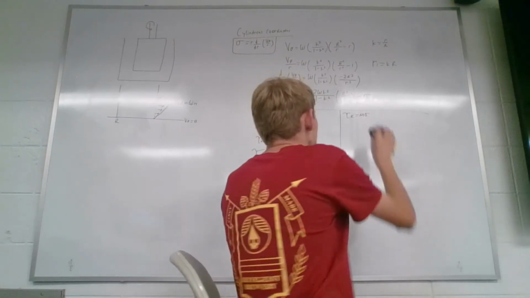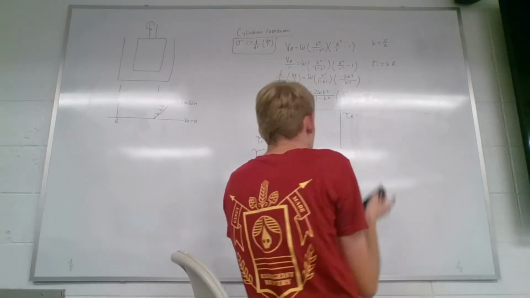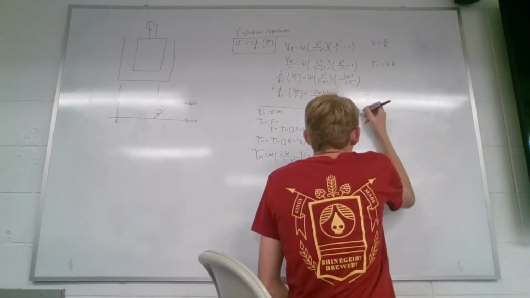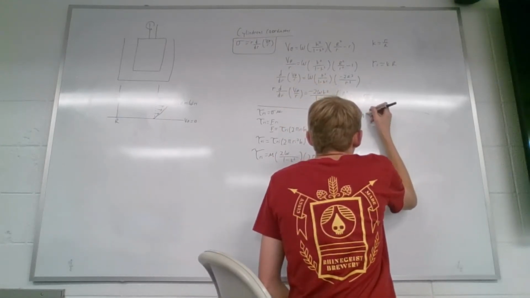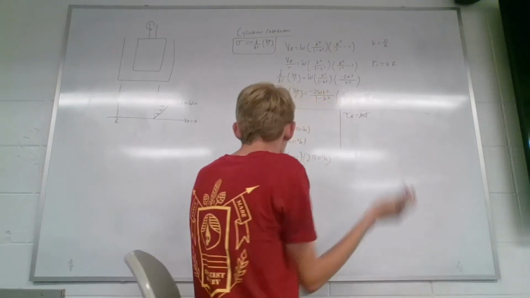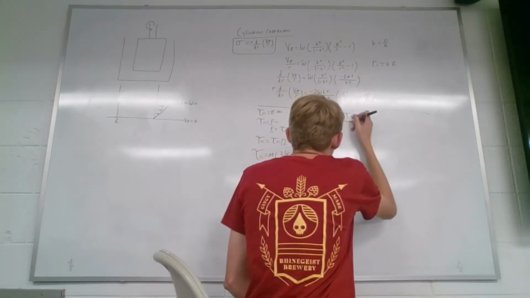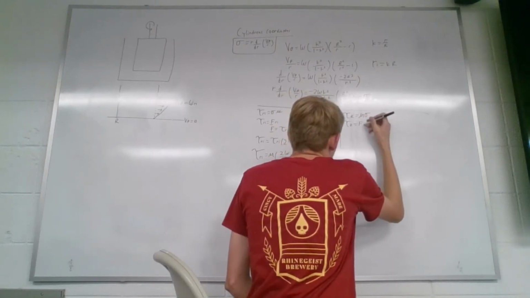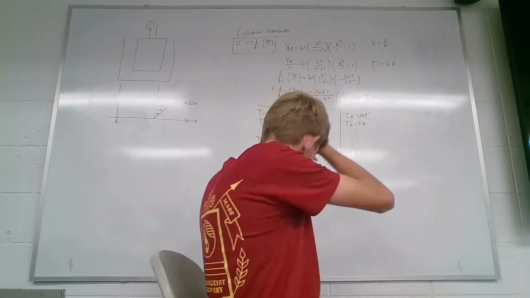Actually, I'm going to rewrite that one bit. I notice on the camera that's a little small. So this is our new expression, and then we are going to take torque as our force times capital R.